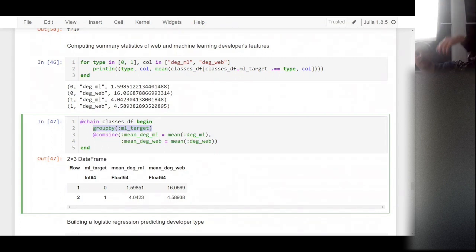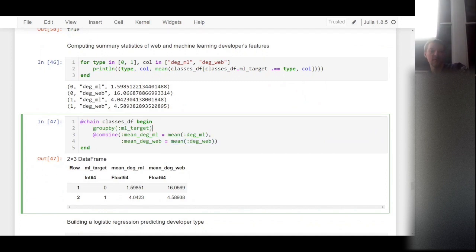So I want to separately analyze machine learners and separately analyze web developers. And then I want to perform a combine operation, so two aggregations. First aggregation, mean of degree of machine learning, and second aggregation, mean of web degree.